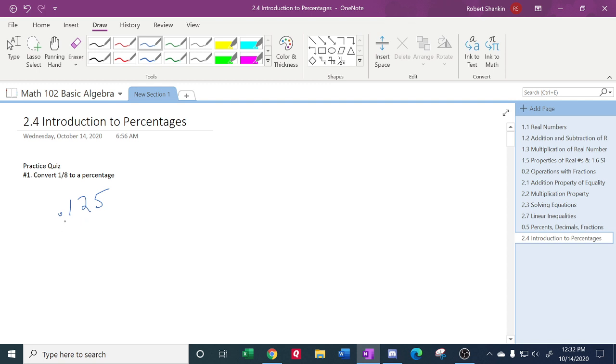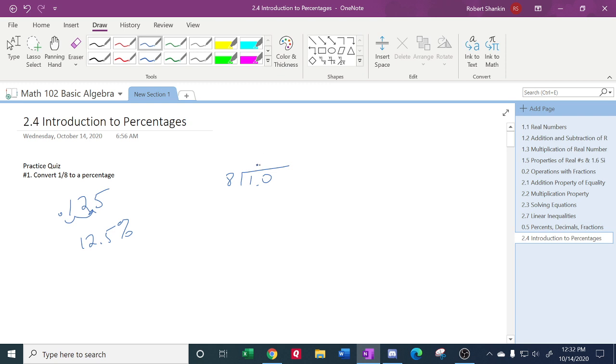And then you move it 2 places to the right and you get 12.5%.